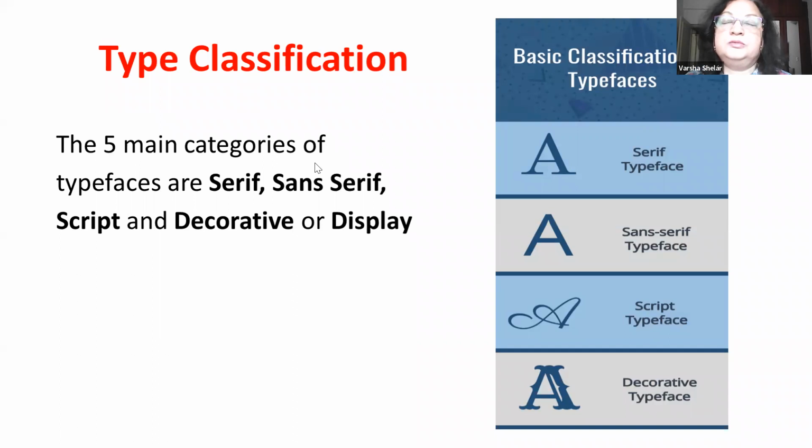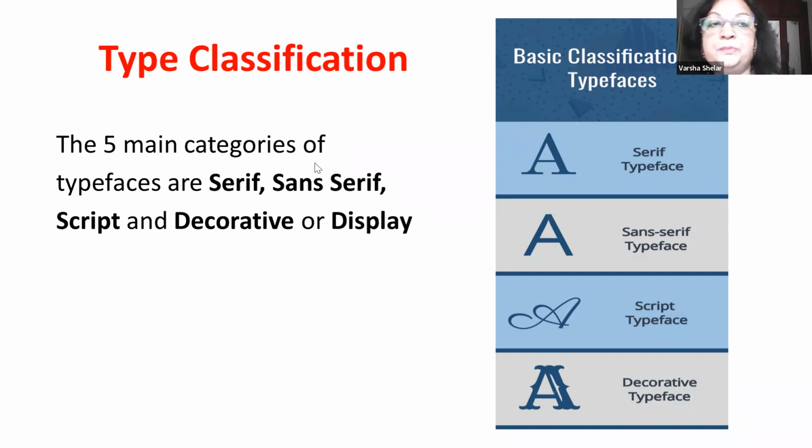Just like colors also have certain classification, you may have studied color theory. Colors have warm colors, cool colors, primary colors, secondary colors, tertiary colors. Similarly, type also has certain classification. So we'll be looking at the main 5 categories of typefaces: serif, sans-serif, script, and decorative or display.